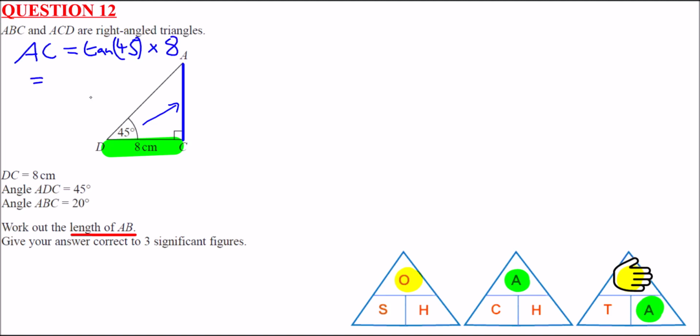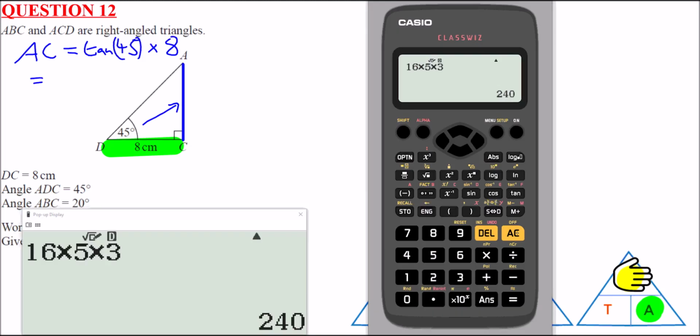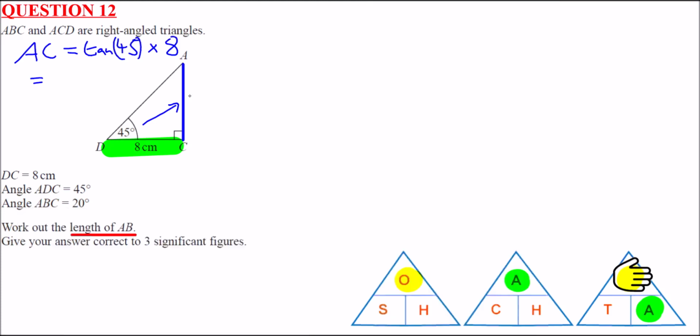So if we do this on our calculators, I'd be amazed if you could do it without, to be fair, it's possible. Tan 45 times 8, in fact, it's very easy, I'm not thinking very clearly, that just gives us 8, because tan 45 is obviously 1. Had a bit of a senior moment there, so we can say AC is 8.